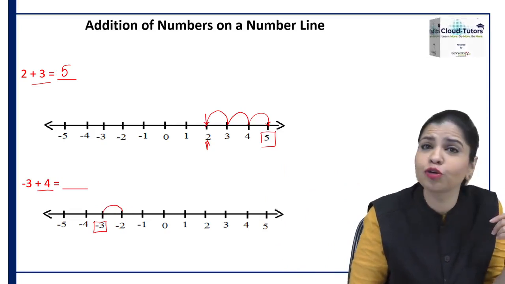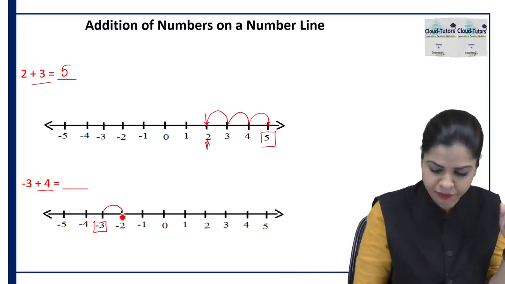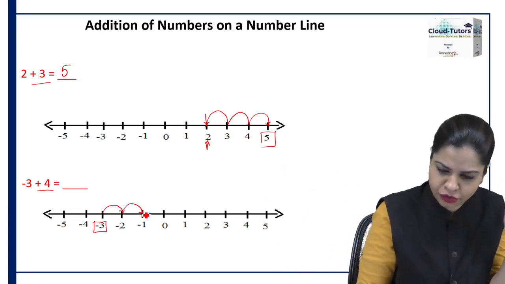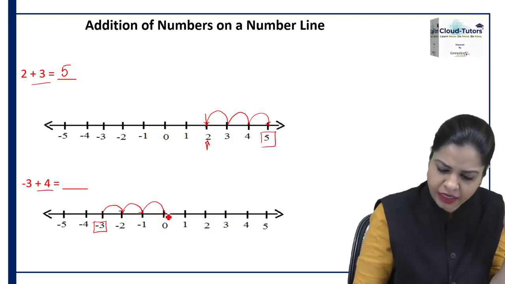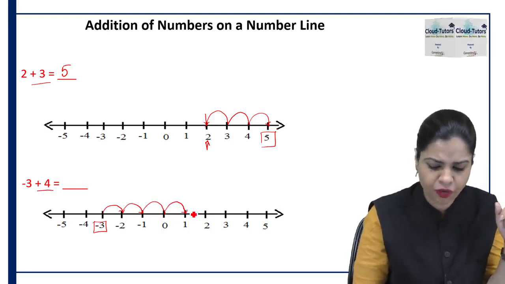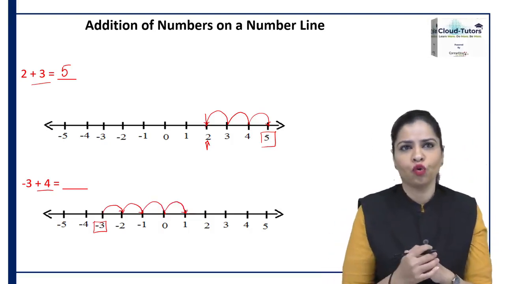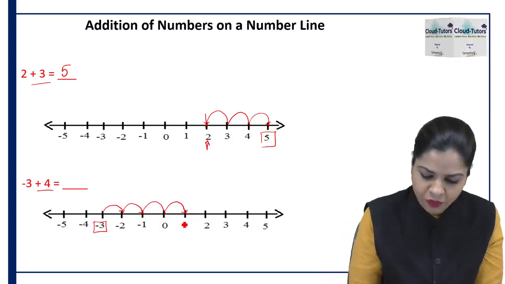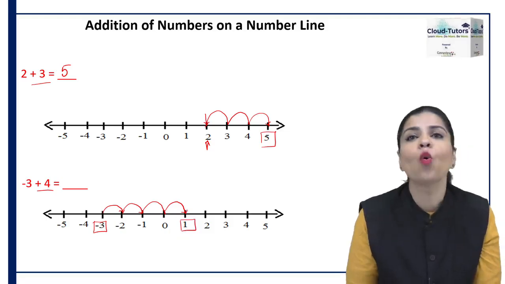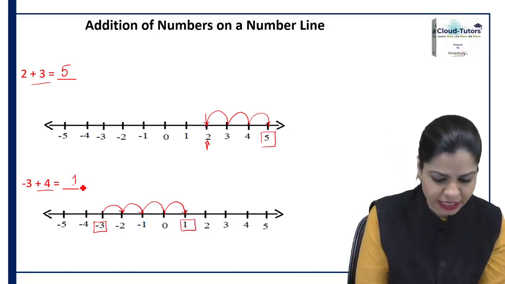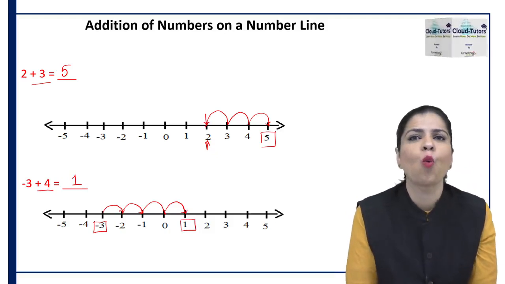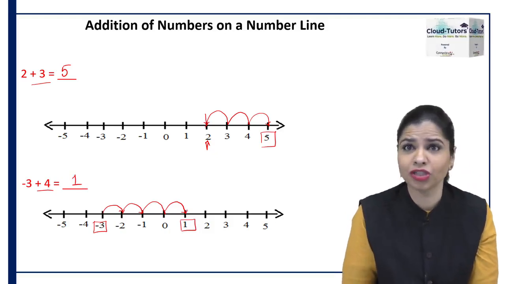How many places do you move? 4 places. So 1, 2, 3 and 4. So negative 3 has been added to 4. So what is the answer? It is 1. So negative 3 plus 4 is 1. Great. Good job. Good going.